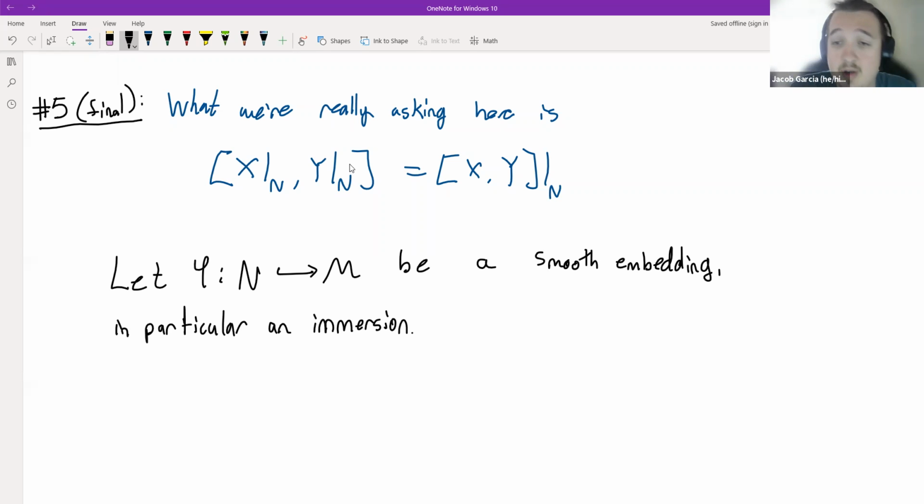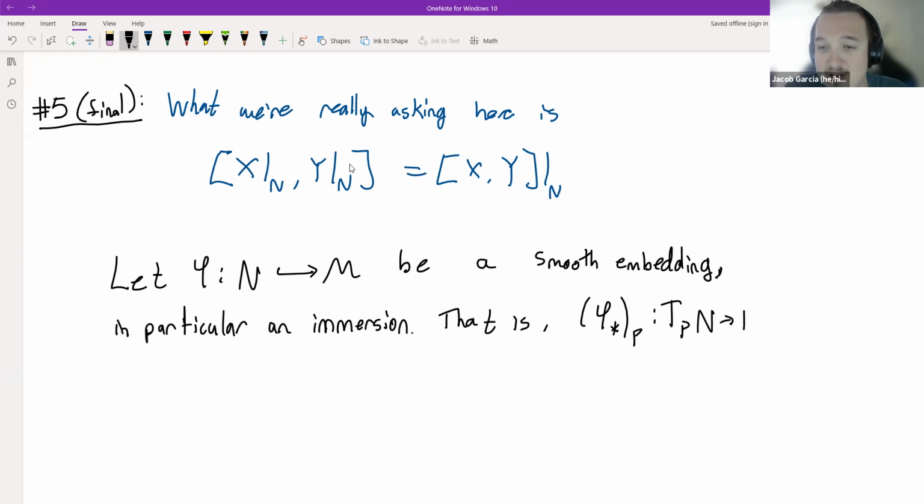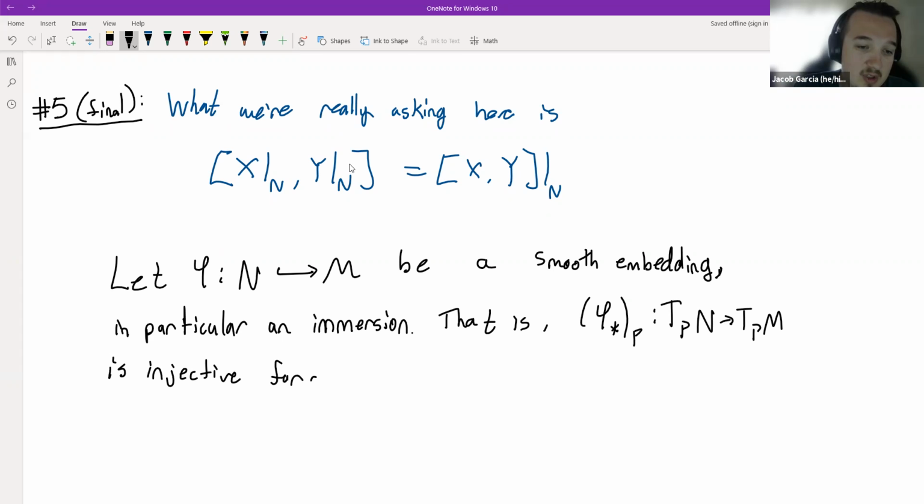Who here remembers what it means for a map to be an immersion? The differential is injective everywhere. Yeah, that's right. So the differential, which I'm going to denote this way, at p from T_pN to T_phi(p)M, is injective for all p.